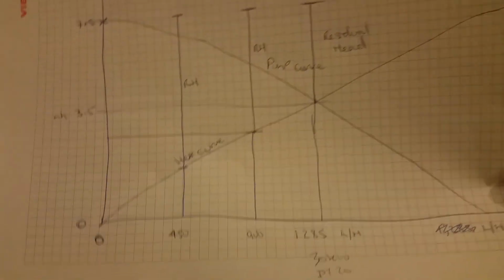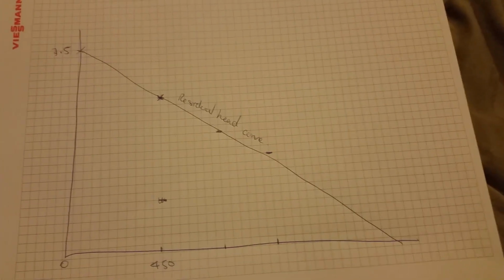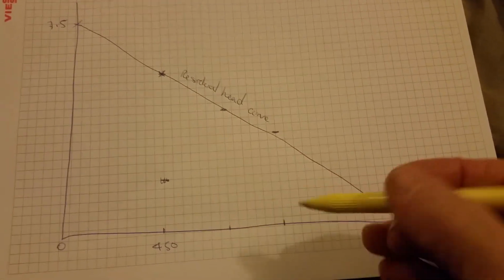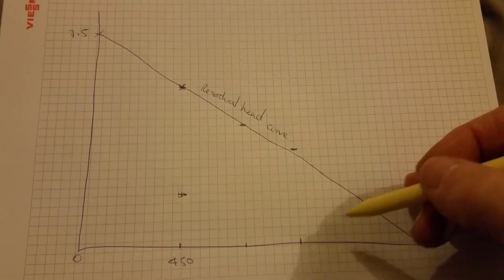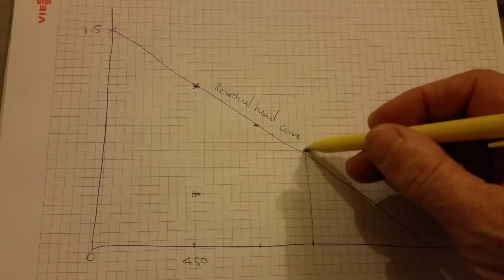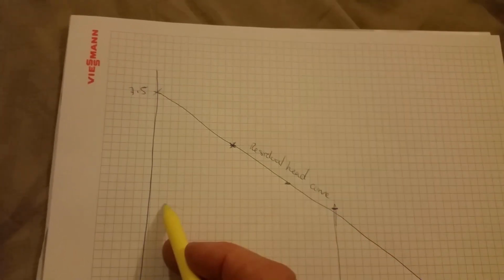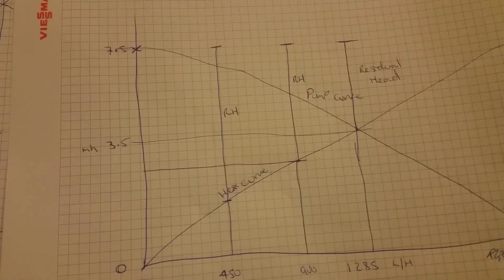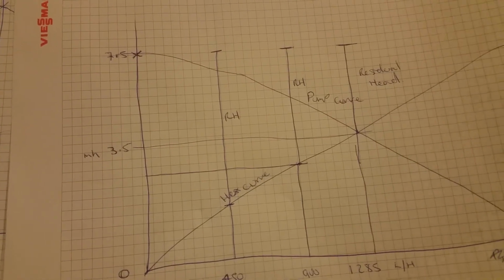But either way, residual pump head would show how much pump head we've got left at any one point. So at a flow rate of 1,250 litres here, we would have the residual.